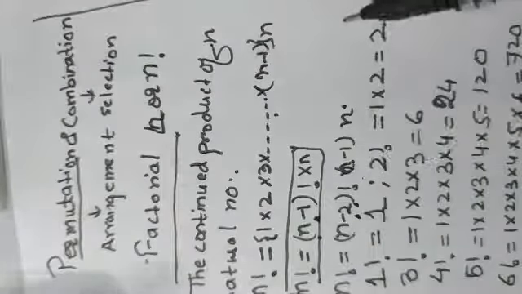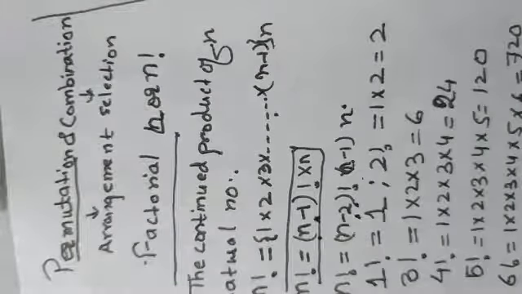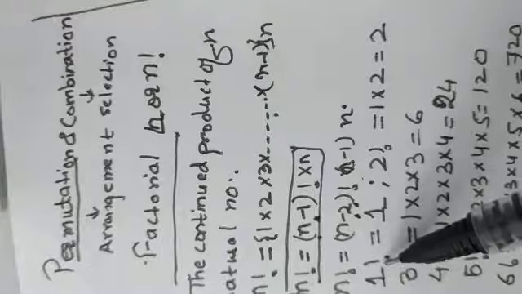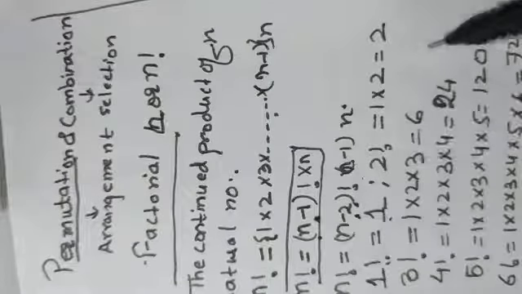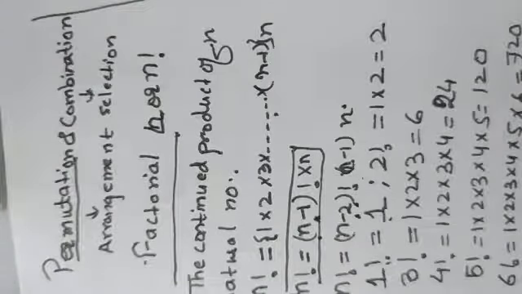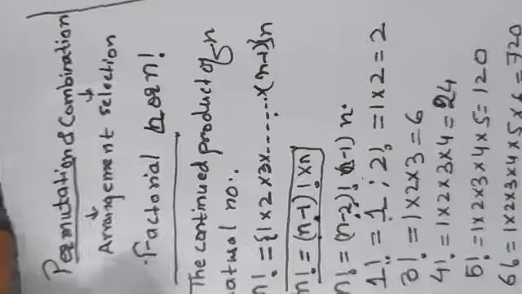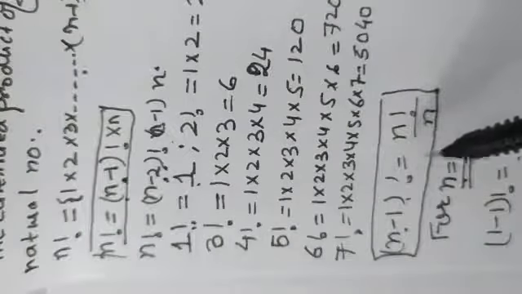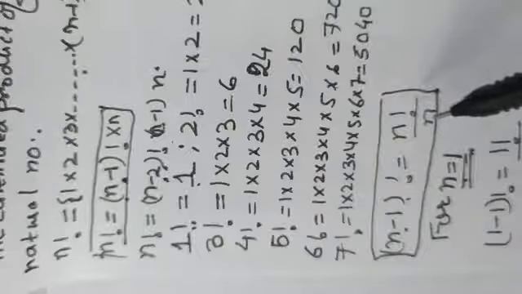It is the same as calculating sigma n, that is the sum of n natural numbers. Similarly, I have defined 1 factorial equals 1, 2 factorial equals 2, and so on, by putting n equals 1, 2, 3 and so on. Then I used this relation, shifted n to the right-hand side and got n factorial upon n.